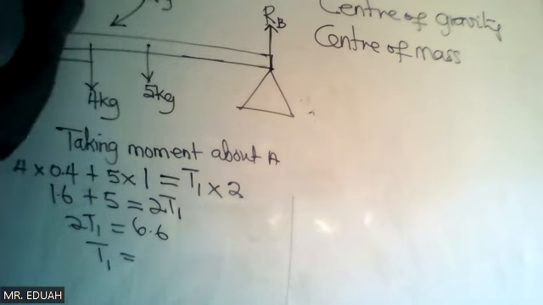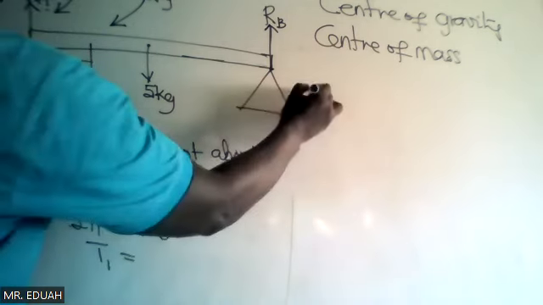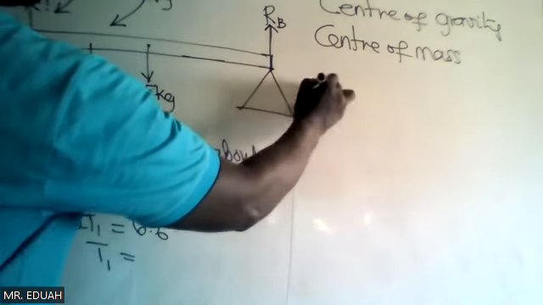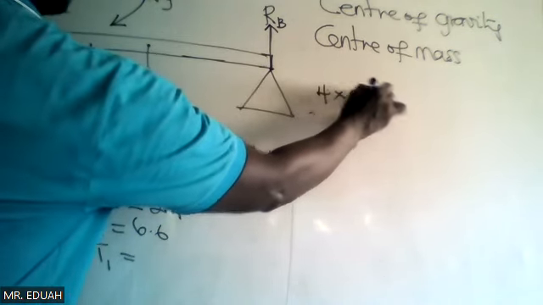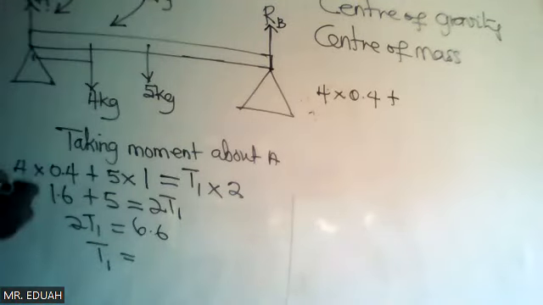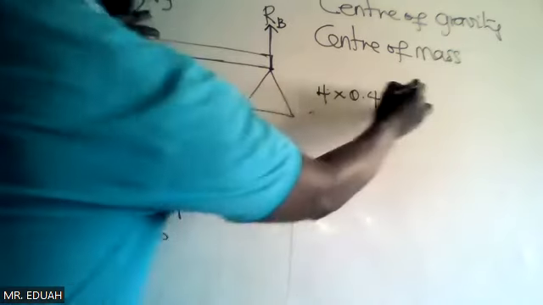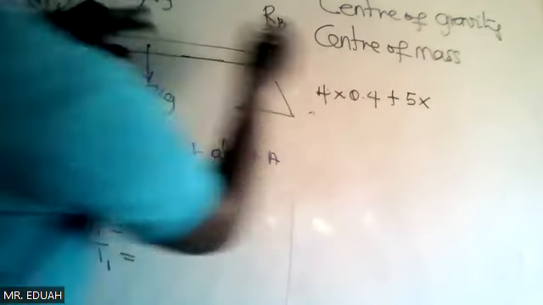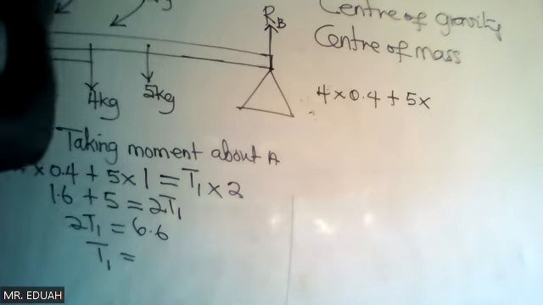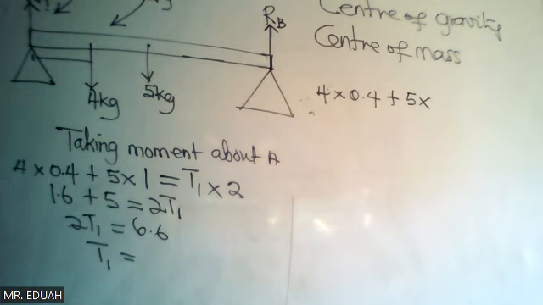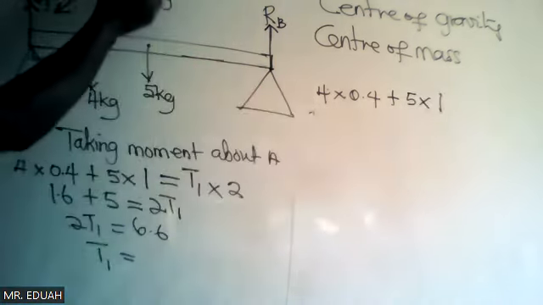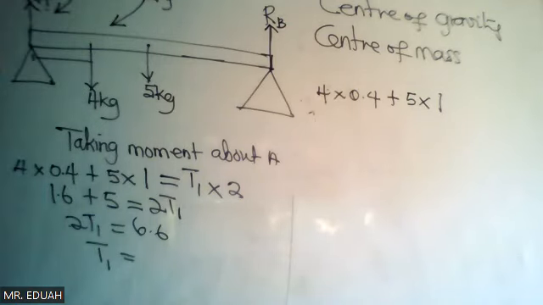When we take the turning effect of this, we have 4 kilograms times 0.4, plus this is also giving us another clockwise moment, so 5 times the perpendicular distance. What's the perpendicular distance from here to A? It's 1. Yes, so that's the reason why we added 0.6 to 0.4.